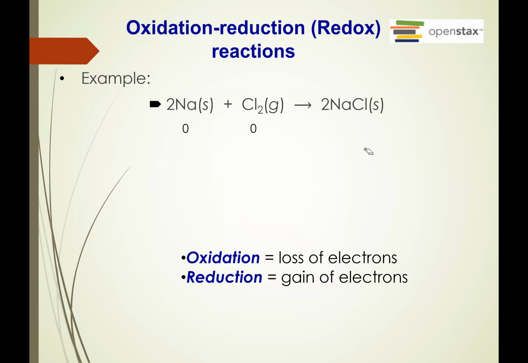So sodium will be +1. And then so what will chlorine be? -1, because it equals 0, because +1 plus -1 equals 0. Okay, now we need to figure out who was oxidized and who was reduced. So sodium went from a 0 to a +1.